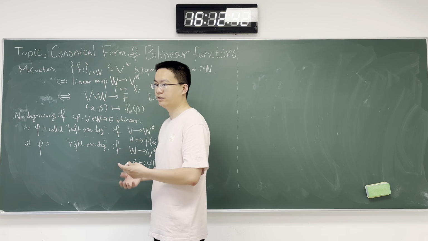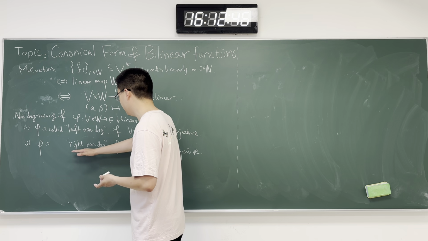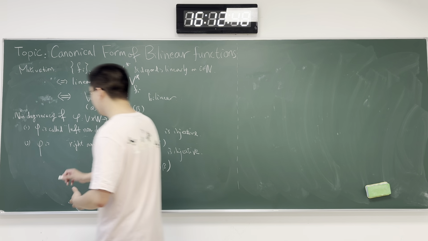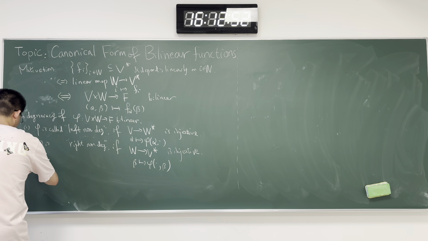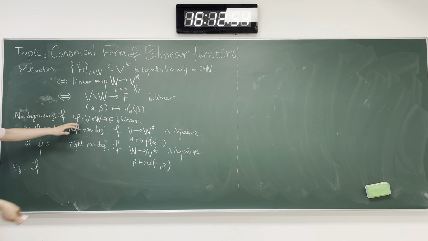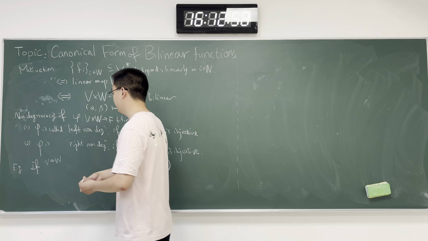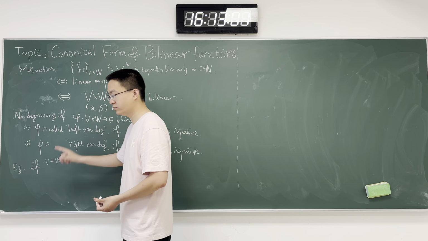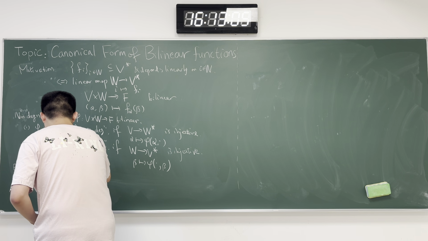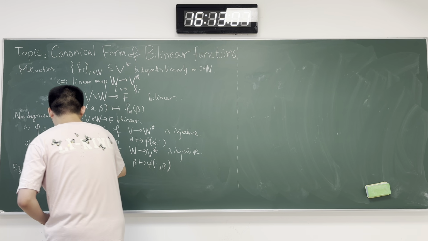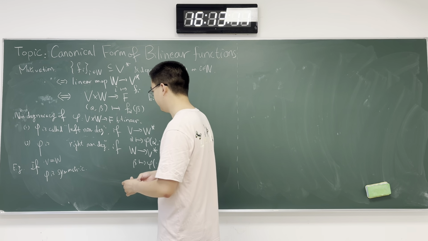In some cases, this left non-degeneracy just coincides with the right non-degeneracy. For example, let us be simple to make our life easier. Say V equals W and Phi is symmetric, which means that Phi alpha beta equals Phi beta alpha.